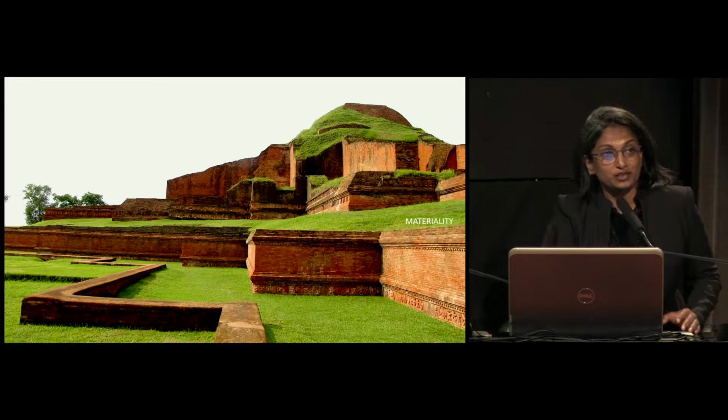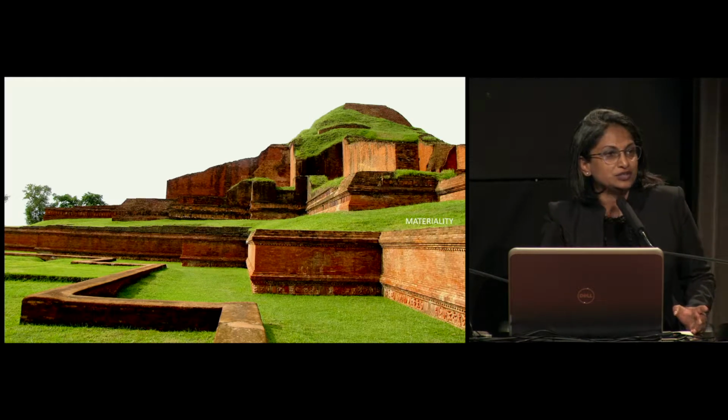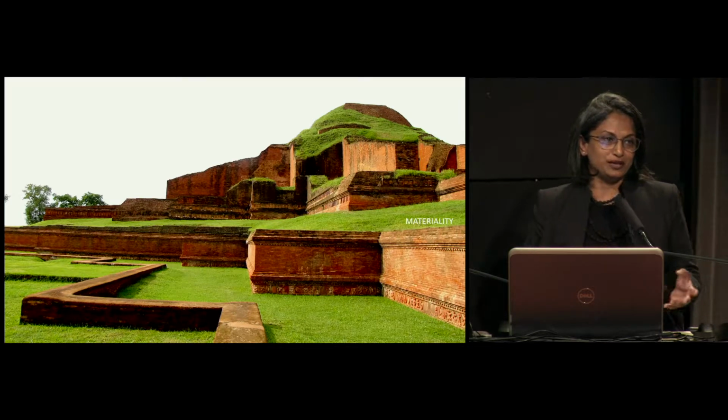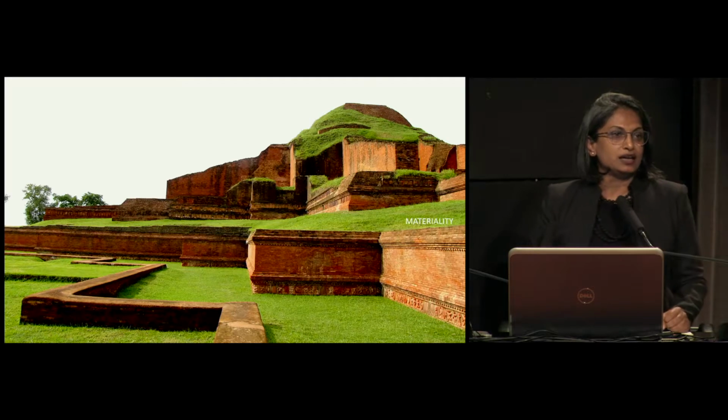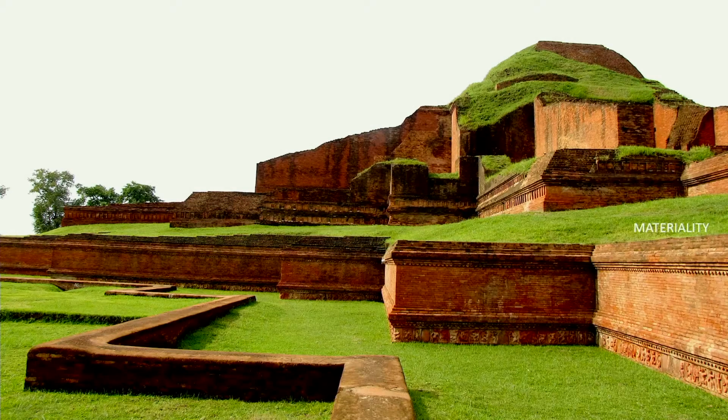As a material, brick is one of the only materials I would say that we have, because it's a delta, and as a delta, it does not have any kind of stone as such. We only have earth or mud. So our vernaculars are generally earth, and when you bake the earth, you get brick, and so brick is our material. This is one of the Buddhist monasteries that you'll find from the 13th century.